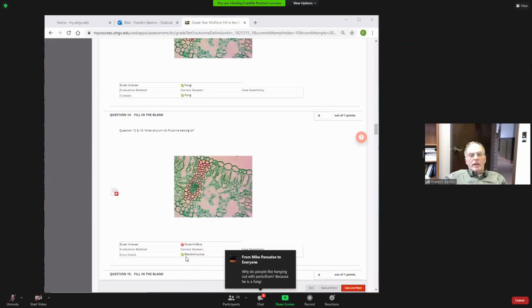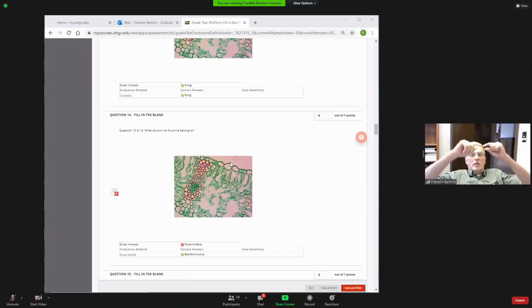If I were teaching this the way we used to teach it, I'd be teaching just fungi, and I'd go through the different phyla that we had. We have Basidiomycota because you see these things here? They're called basidiospores, and they'll be released, and each one will grow into a new one. If you have a cup, and inside the opening you have a main stalk, and coming off the main stalk will be two little side things, and at every place where it comes off you have a spore, that's called an ascospore, and that would be Ascomycota.